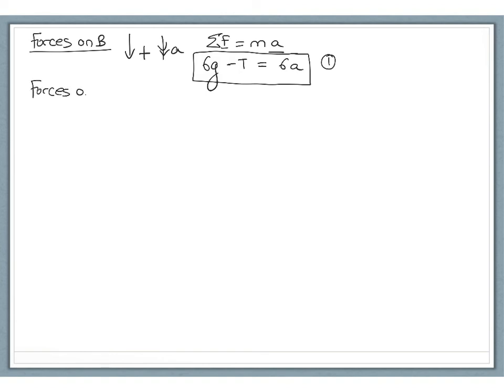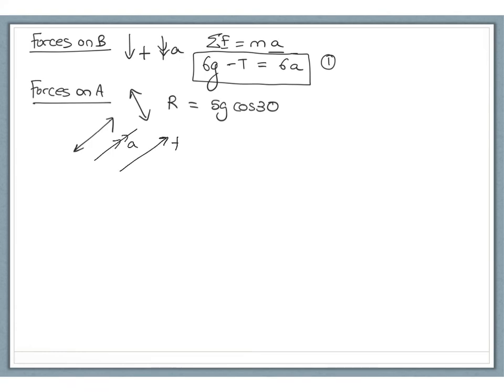So forces on A, let's take a look at that. Now, perpendicular to the plane, we've got no motion. The forces are balanced. R must be equal to 5g cos 30. Parallel to the plane, we know the particle is accelerating up the plane.